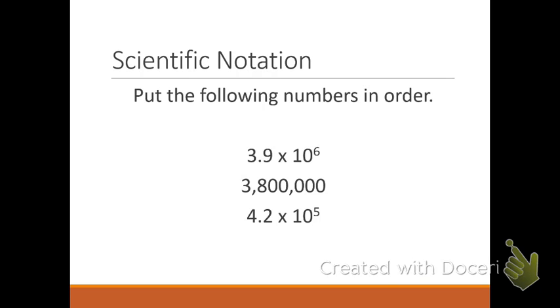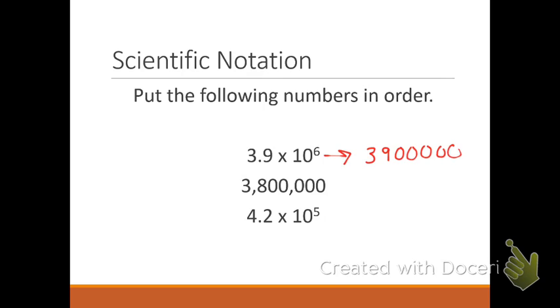For us, what we'll want to do is compare all of these numbers while they're in standard form. So you'll see three numbers here. The center number is already in standard form. I'm going to leave that one alone. But the top one and the bottom one, I'm going to rewrite in standard notation. So the 3.9 times 10 to the 6th, I'm going to need some zeros here.